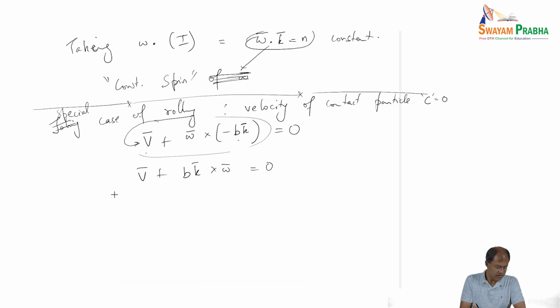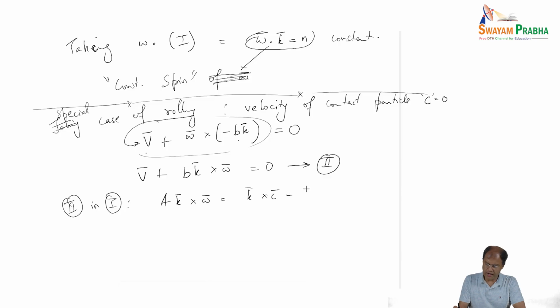Or from here we have that, using this relation 2 in 1, we see that A K cross omega is K cross C minus MB K cross V, right?